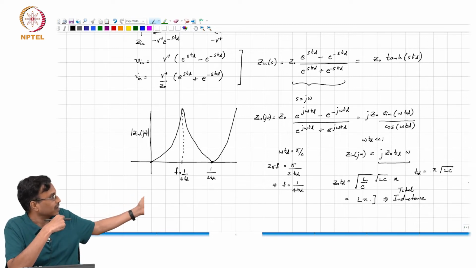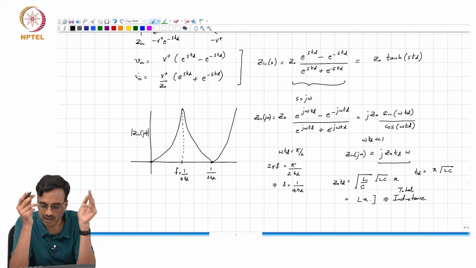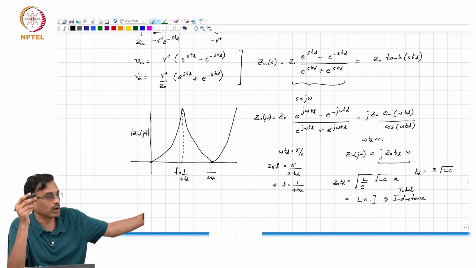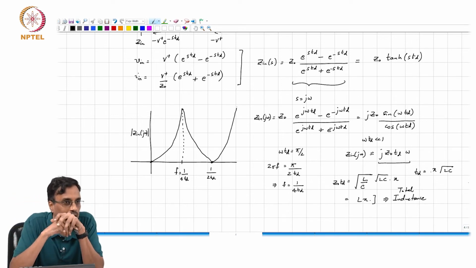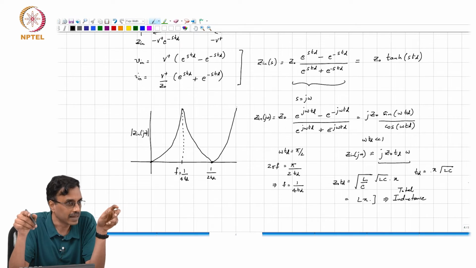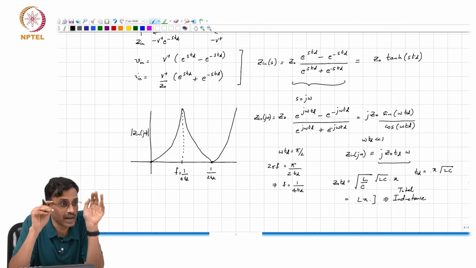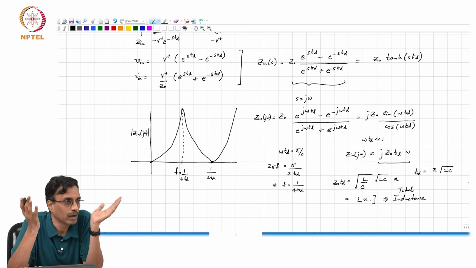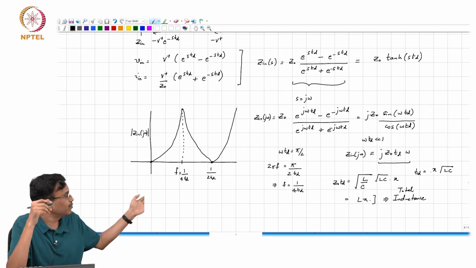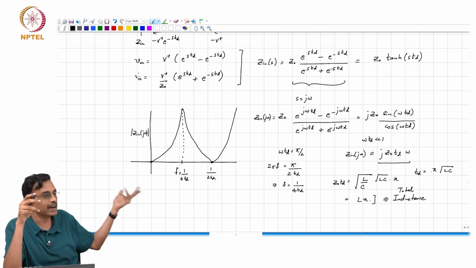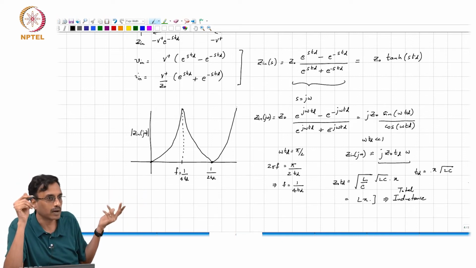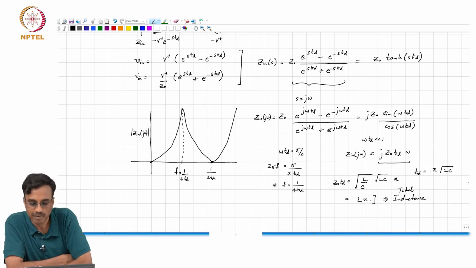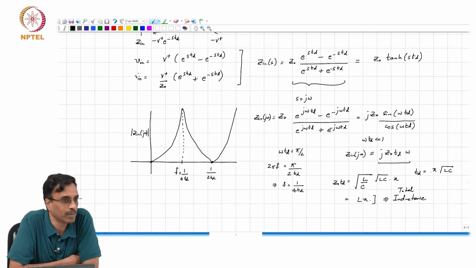If the input frequency is some magic value, which is an odd multiple of 1 over 4 times Td, where Td is the length of the cable, then what was supposedly a short circuit can actually look like an open circuit, all right. And between frequencies of 0 and 1 over 4 Td, it can look like anything between a short and an open. So, like all things in life, things are more complicated than they seem.